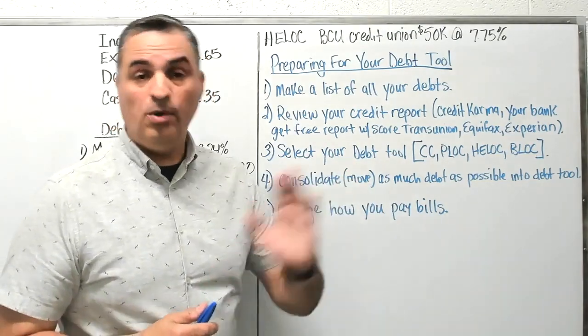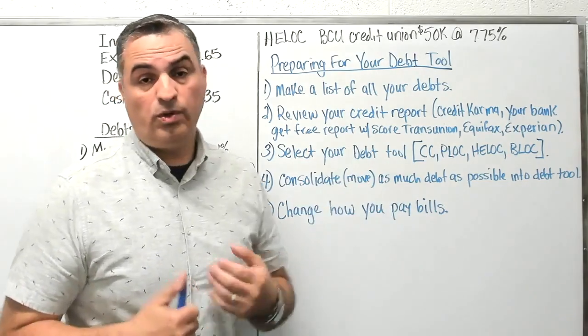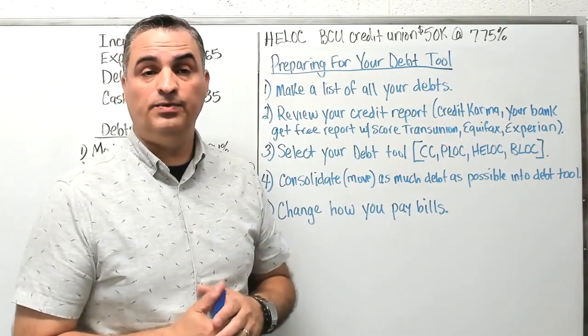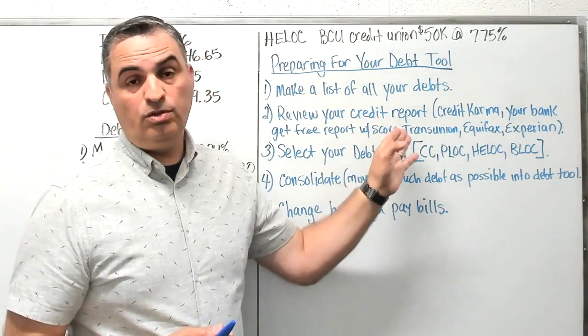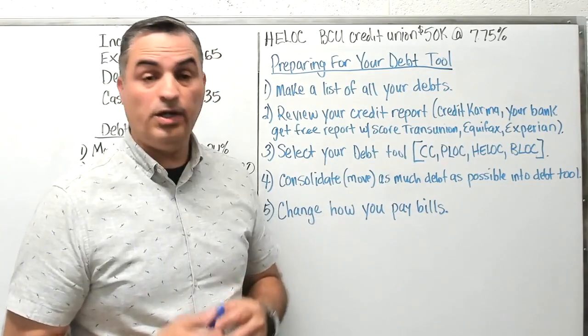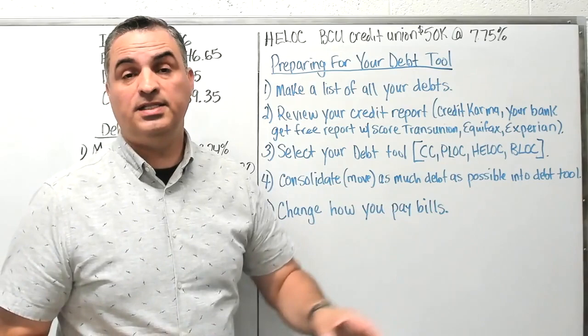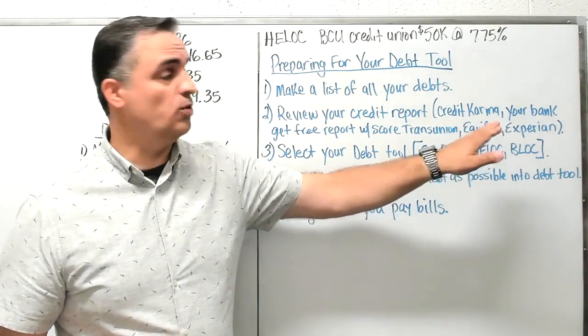And before that, we want to do step number two, which is to review your credit report. As I mentioned, we had the list of his debt down, and then he remembered he had another debt, and that partly is due to the credit report review. Here, I highlighted some places you may or may not know about where you can get free access to your credit report.